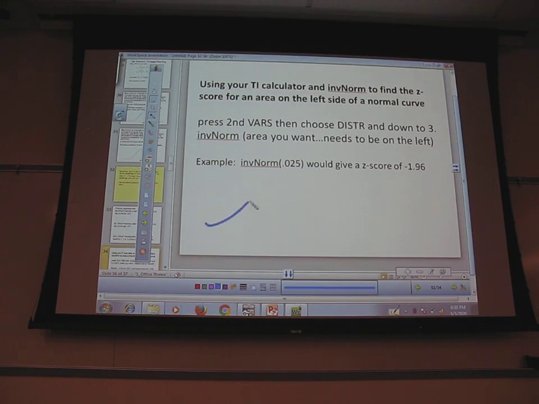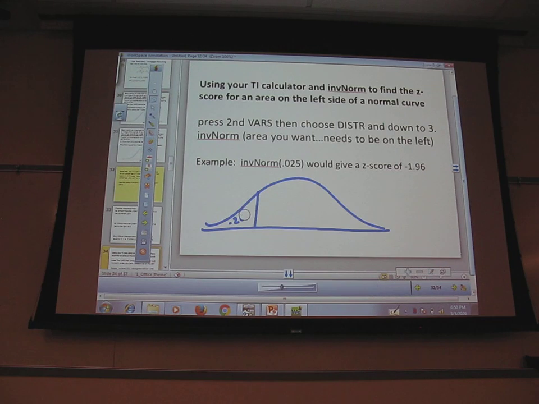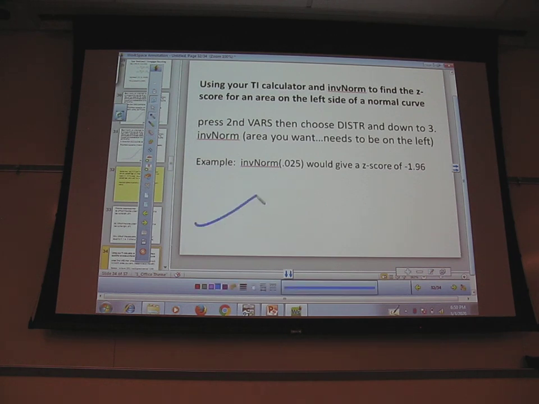So your basic calculator, I want to know, this area is 20%, 0.20. If I did, oh, actually we'll do it like this. Here we go. I have an example. Why don't I just use that? 0.025, that's small, 2.5%.